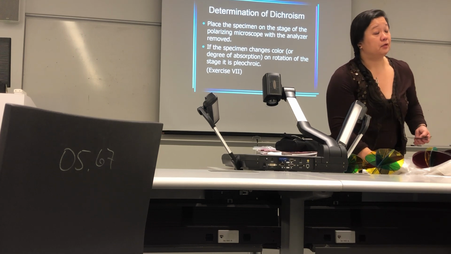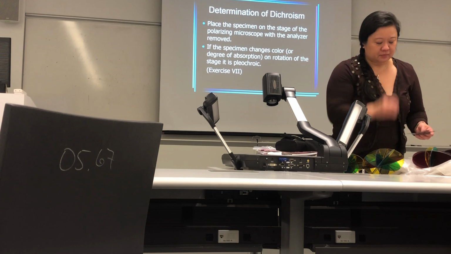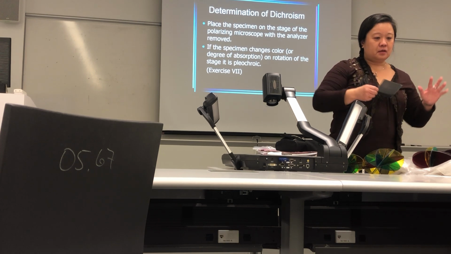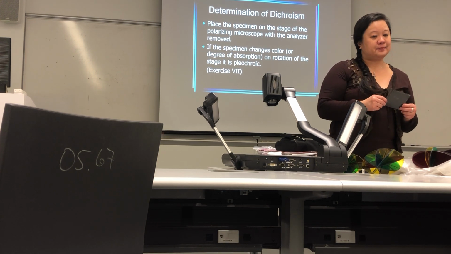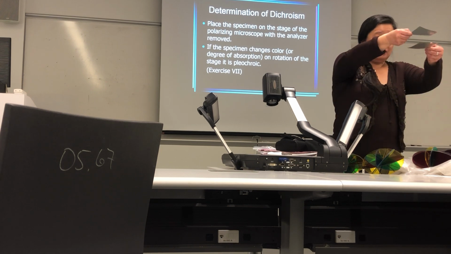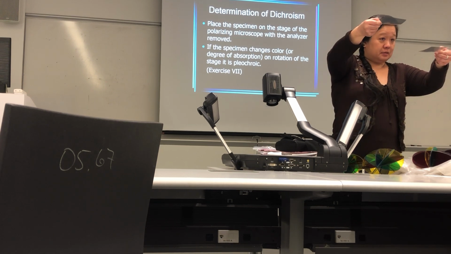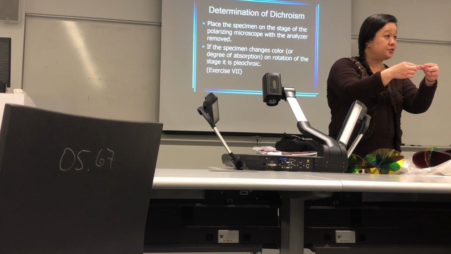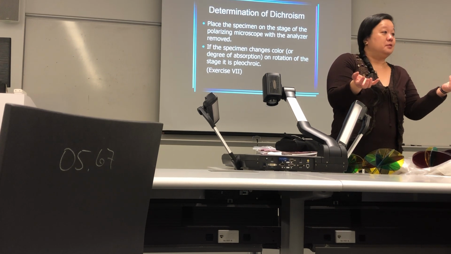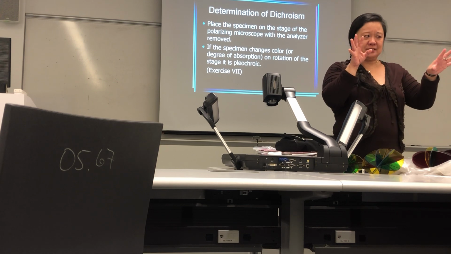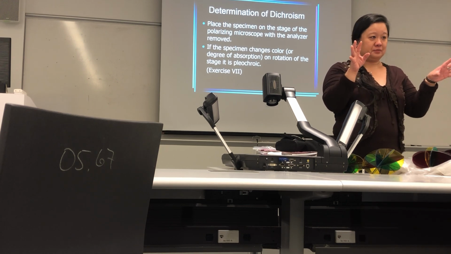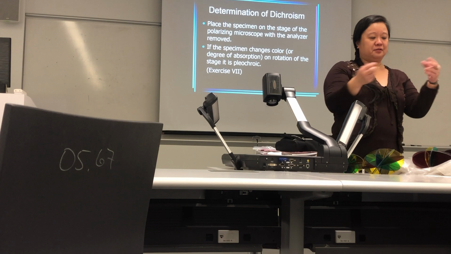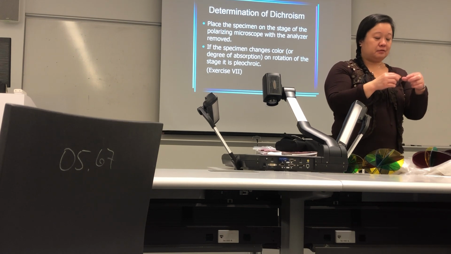You'll be starting off by looking at fibers this way. When you look at the fibers, it's the same idea. You don't need the analyzer in the path of the microscope. You just want to put your fiber sample on the stage and focus it. Once again, you've already set up your microscope for Köhler illumination. And then, okay, this is a piece of nylon.